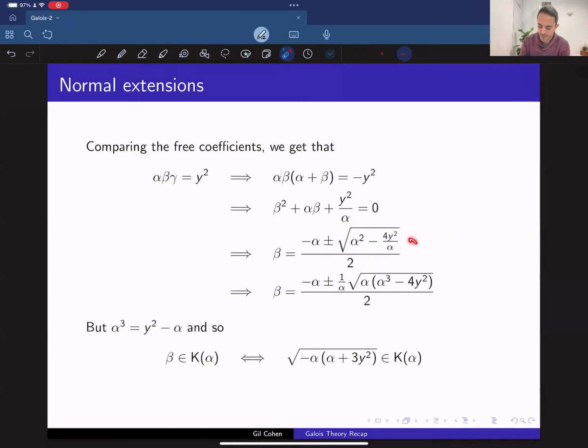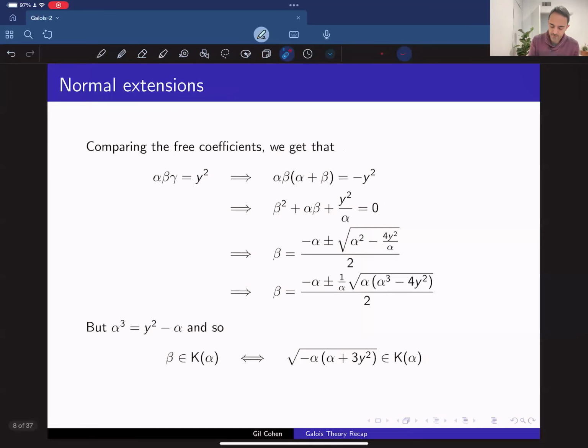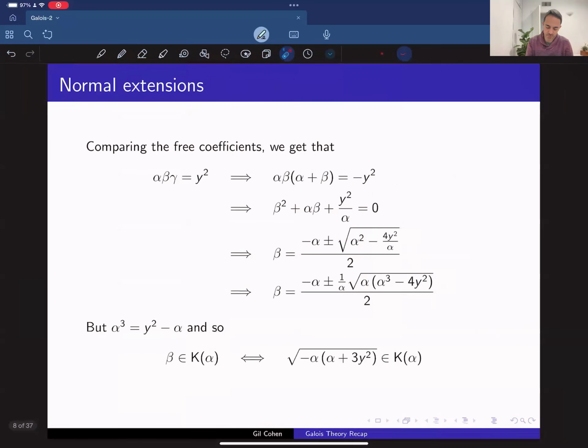If you look at it for a second, this is the same expression. The way I did that, dividing by 1 over alpha and multiplying by alpha, is because I wanted to see alpha cubed here. Because alpha cubed, we know, is y squared minus alpha, because alpha satisfies this equation: alpha squared plus alpha is y squared.